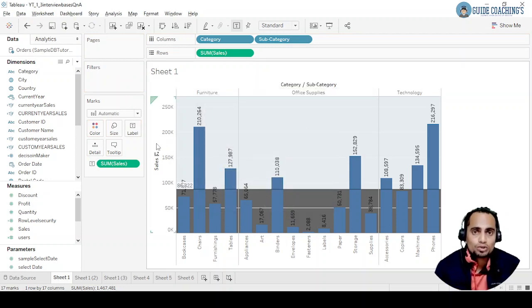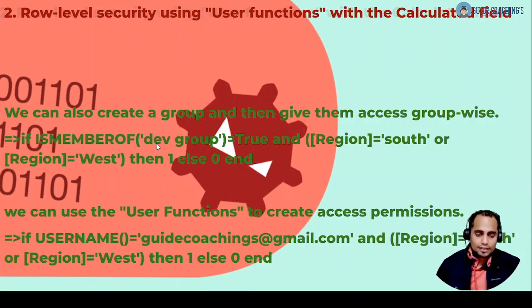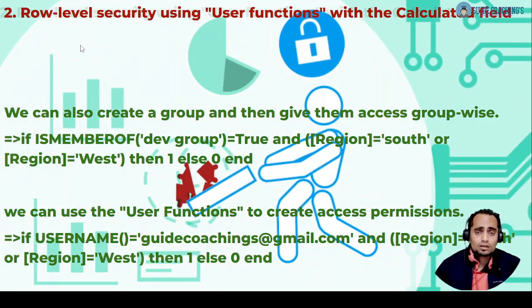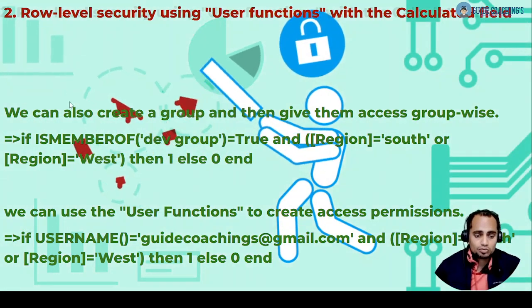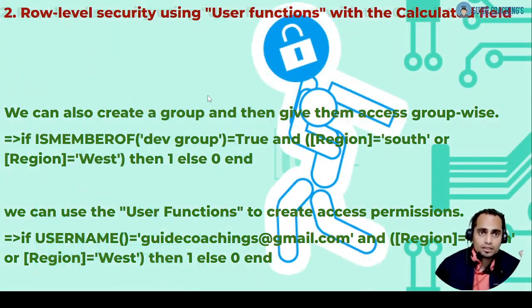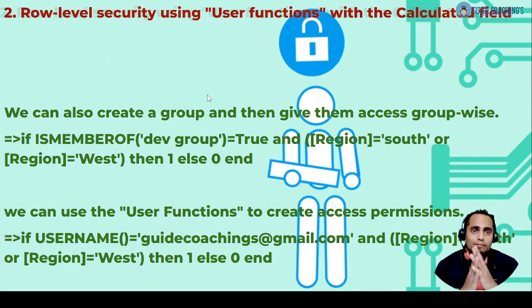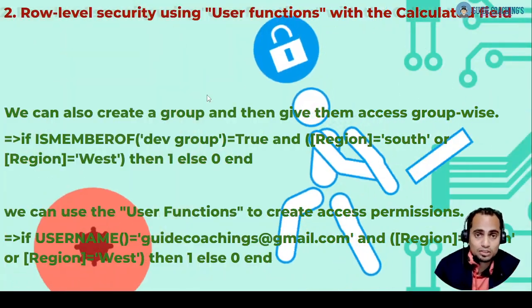Now if we want to give bulk access, we will see that. For having multiple users, we can create a group, and we will create that group at the Tableau server level.